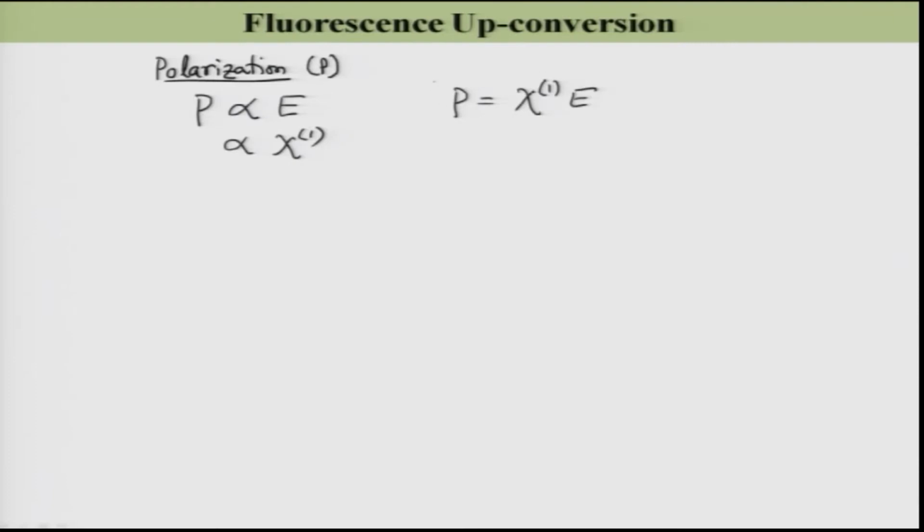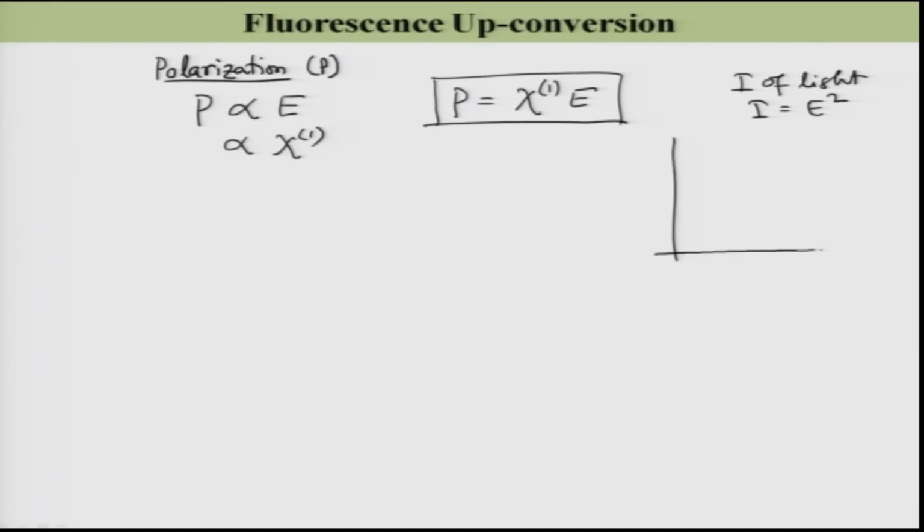You have probably seen this type of equation, this is the polarization, right. So, if I increase the strength of this electric field, that means the intensity, which is E square, right. Now if I increase the intensity of the light, then the induced polarization will increase, because E is increased, so the induced dipole moment will increase, that means the polarization of the system will increase.